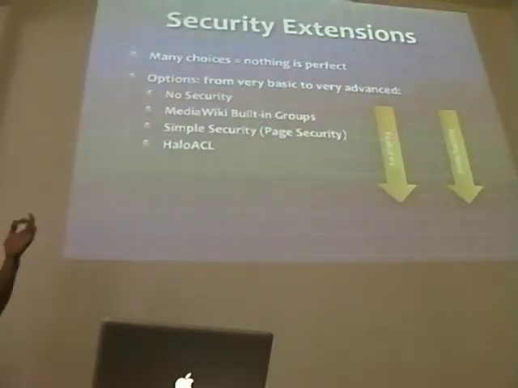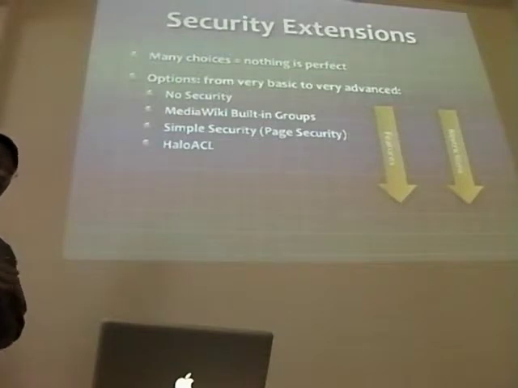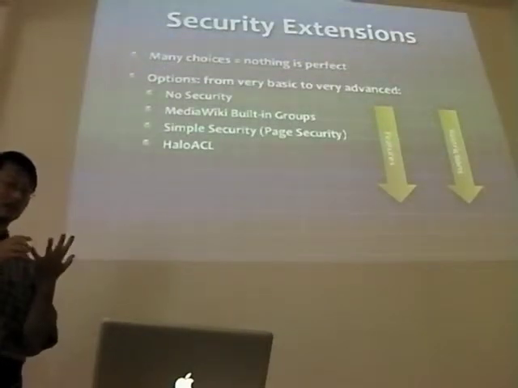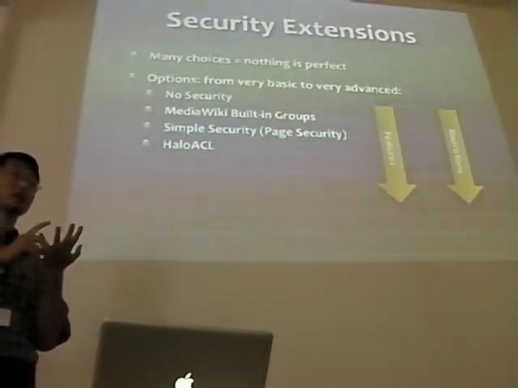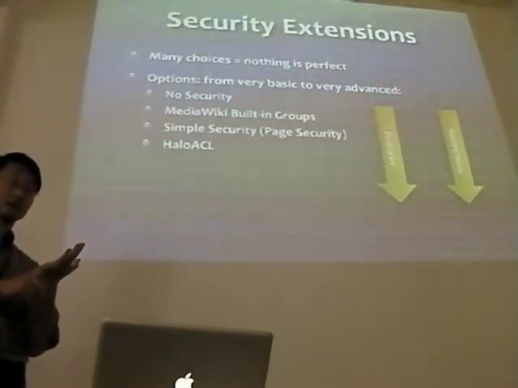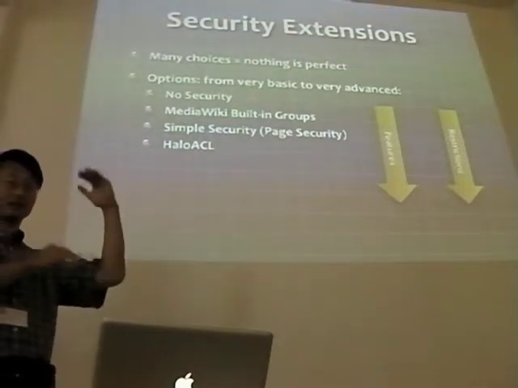Then the most powerful is Halo Access Control List, basically called the ACL. With that one you can actually control the finest level. You can control a property to be either editable or not. Suppose you have a value, annual salary of an employee on a certain page.